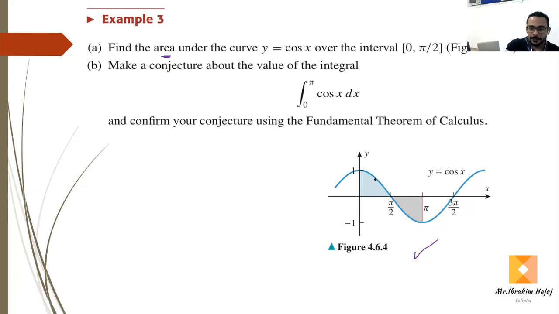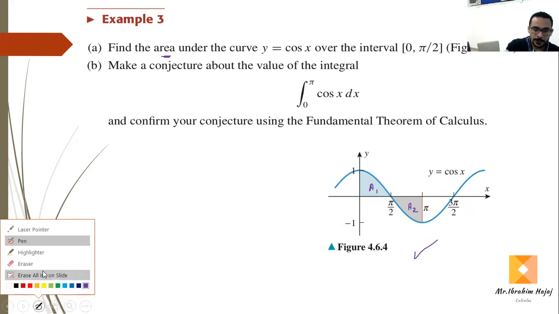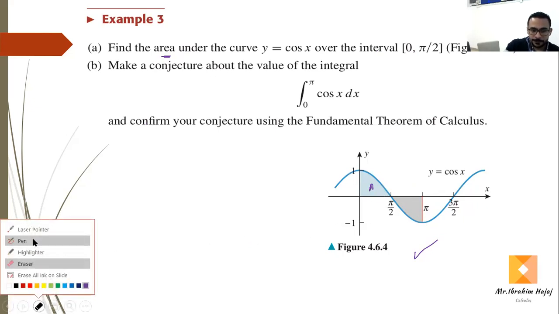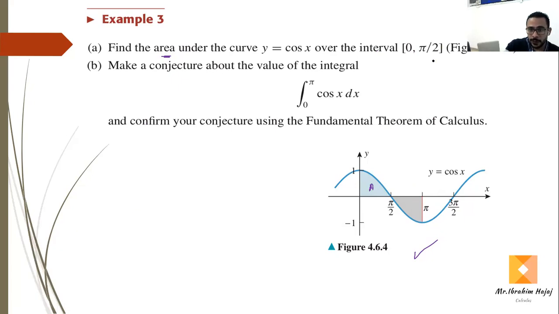Here, this area we can name area 1, and this area area 2. We take the interval 0 to pi over 2, meaning only this shaded area. We do f(0) plus f(pi over 2), same as we did before.